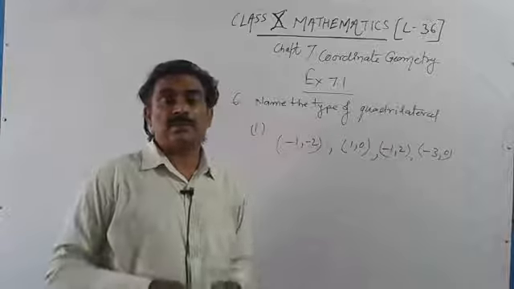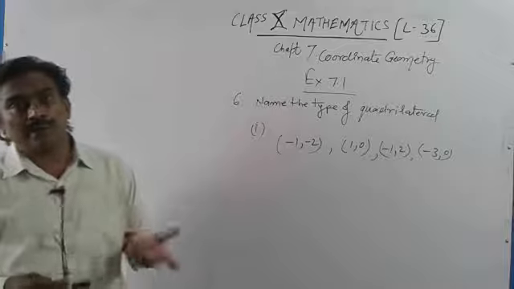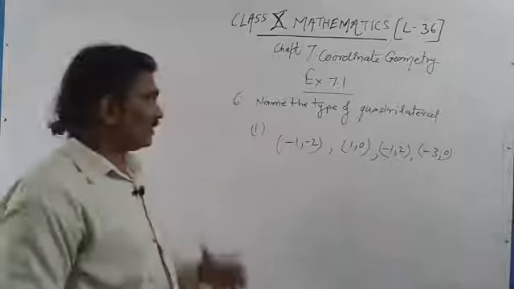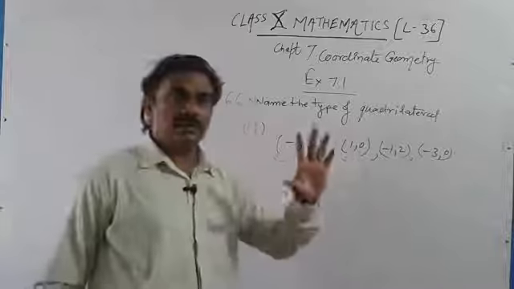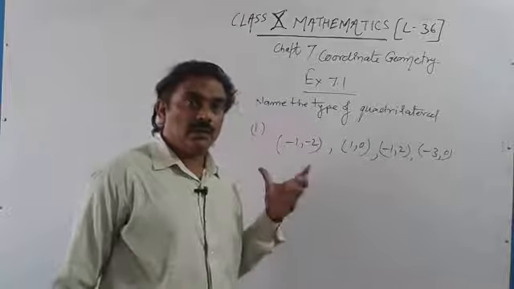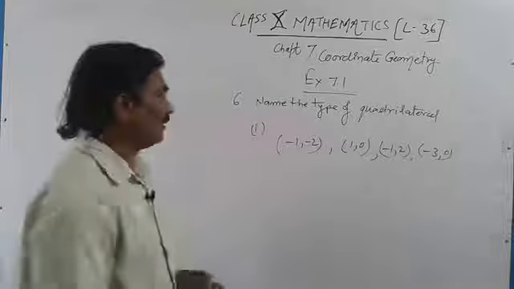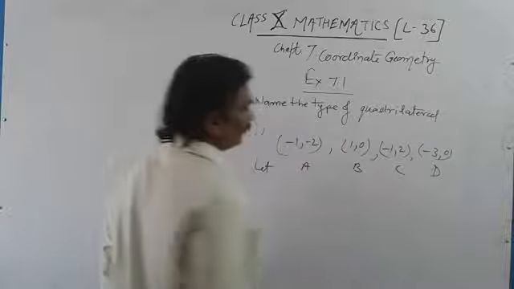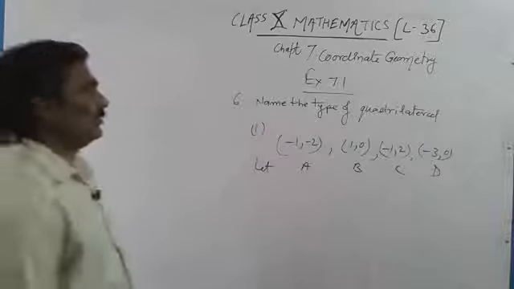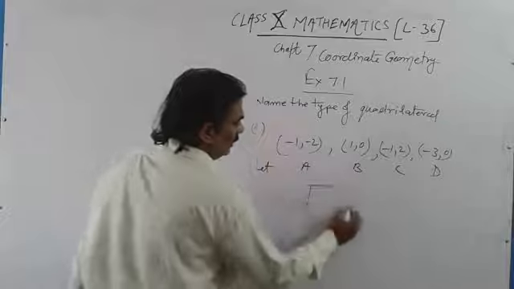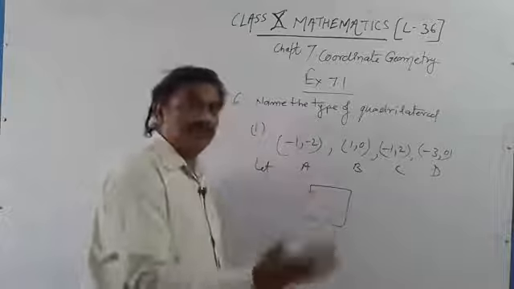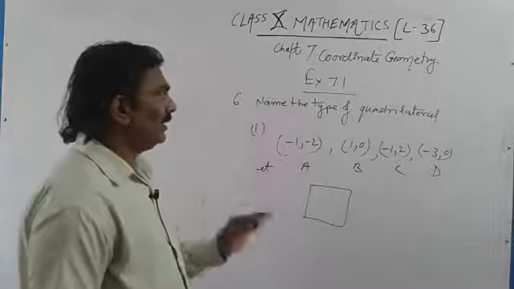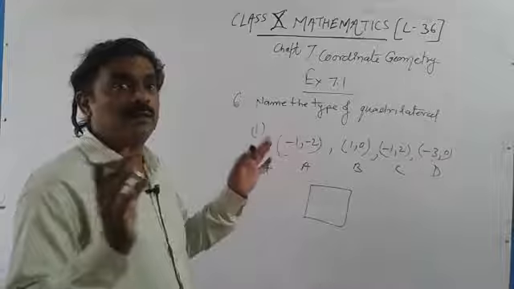There are many types of quadrilateral like rectangle, square, parallelogram, trapezium, rhombus, etc. But we have to decide which type of quadrilateral the given points, the vertices, form. Suppose the points are A, B, C and D. We don't know what type of quadrilateral this is, but we want to find its name with the help of the distance formula.